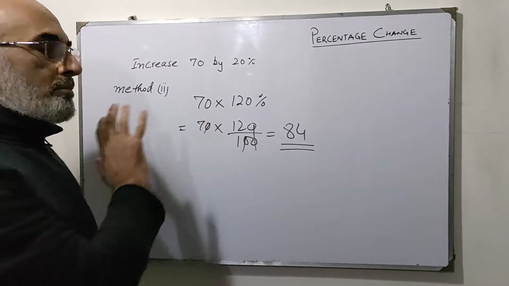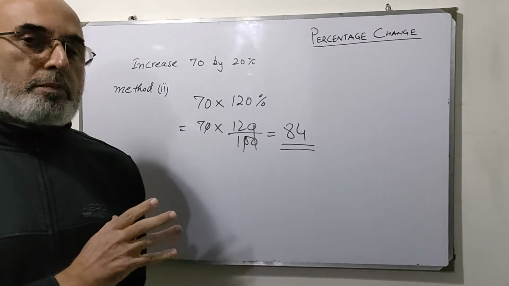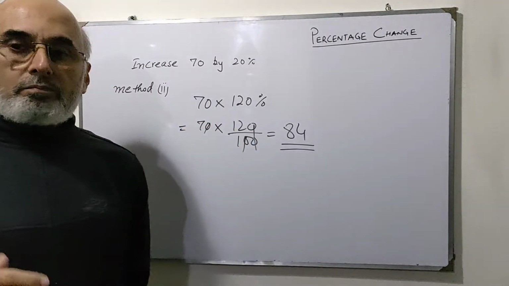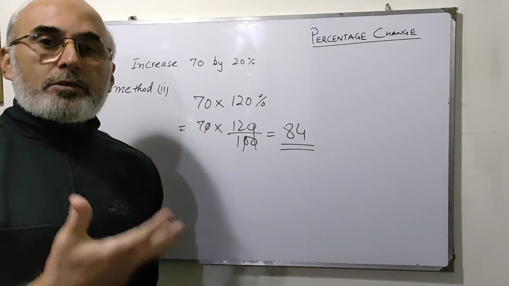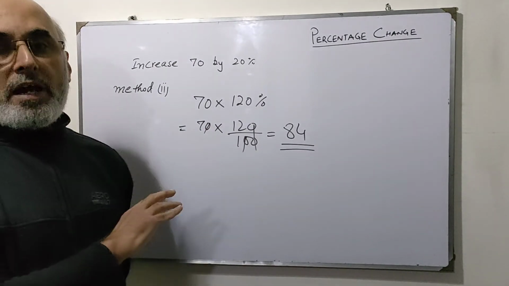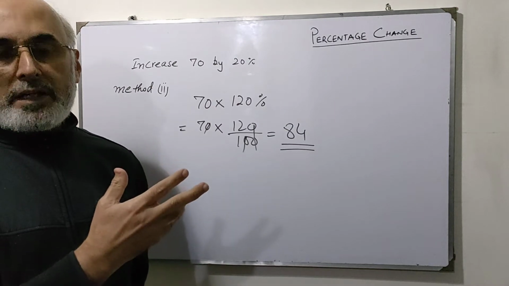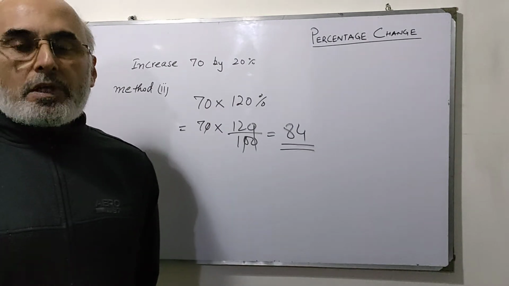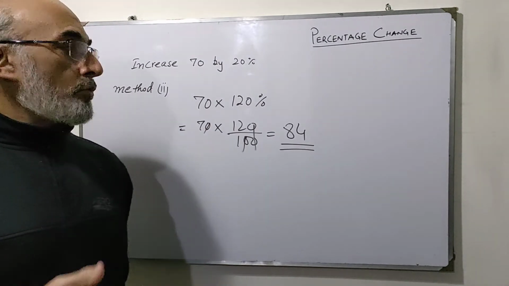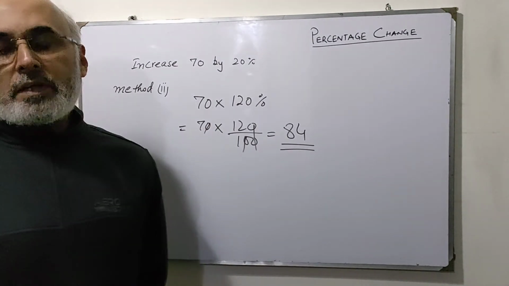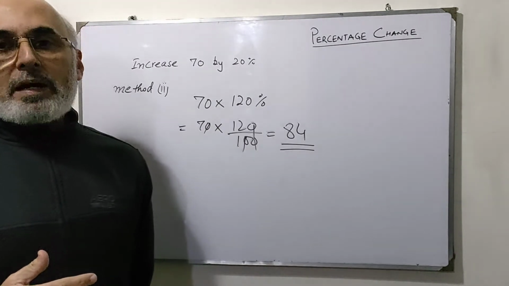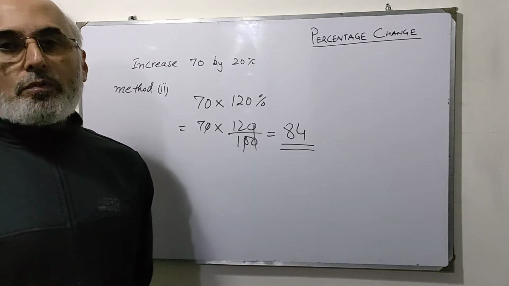So this is a direct method, and this is a very useful method because we have applied the increased percentage and we got our value. We don't have to go for a two-step thing, but it's up to you. If you want to apply method number 1, it's perfectly okay. If you want to apply this, it's your choice. Okay.